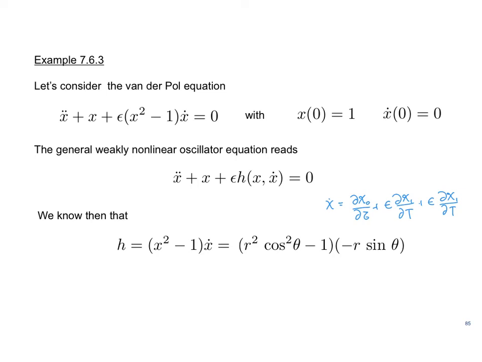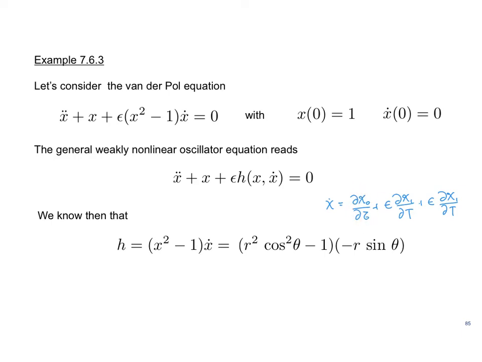But remember that in the second equation is where h comes into the game, and the second equation is already weighted by epsilon. Therefore, we need to have only, let's say, zero order terms, which is just this one.